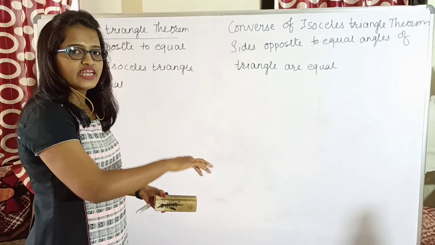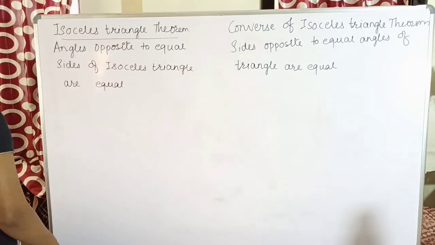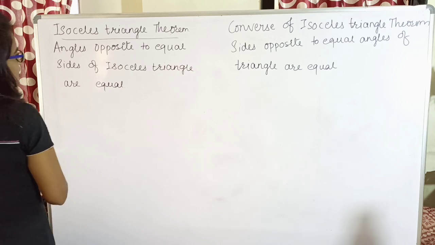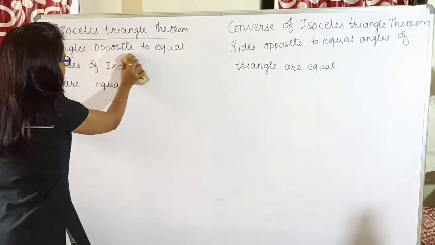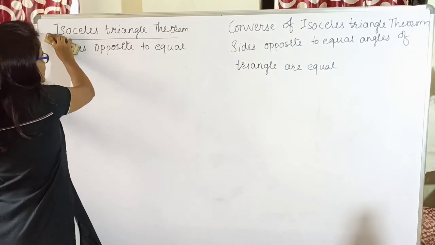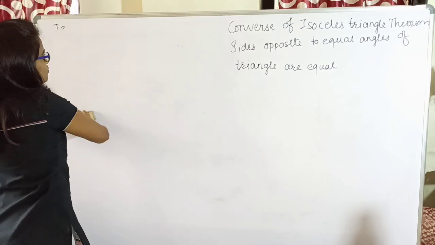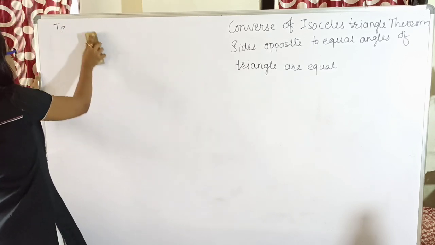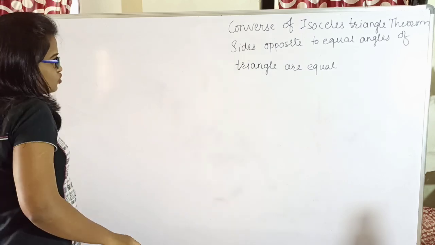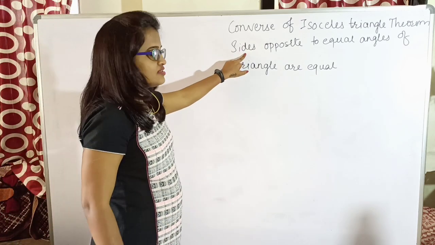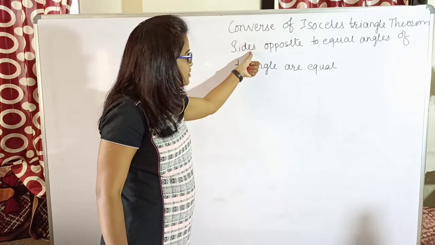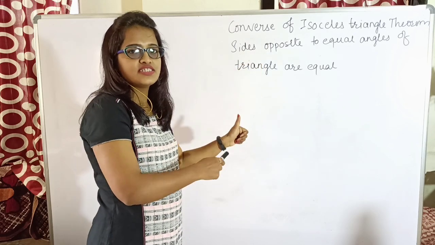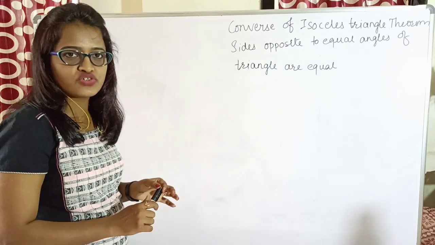Once you prove this, then henceforth you can use it. But until and unless you have proved, you cannot make use of it. That's why the word isosceles is present in this theorem, but not in its converse. Because once you show the two sides opposite to those equal angles to be equal, then I can say since the two sides are equal, hence it is an isosceles triangle.